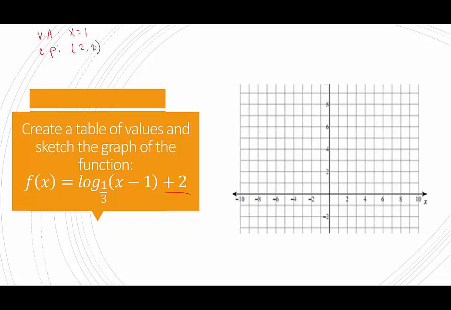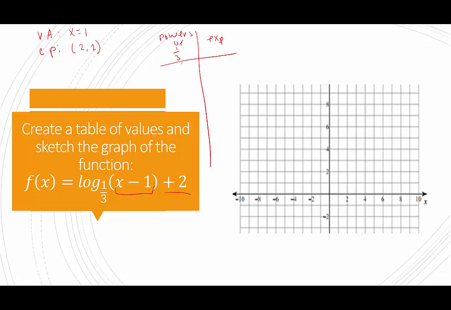Okay, so what I suggest doing before we start the table of values, because remember, we want the arguments, we want this x minus 1 to be powers of 1/3, so that way we can quickly simplify without having to do anything weird. So let's look at the powers of 1/3, and then what exponent it takes to produce those powers of 1/3.